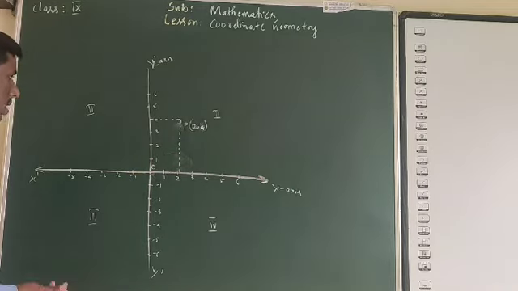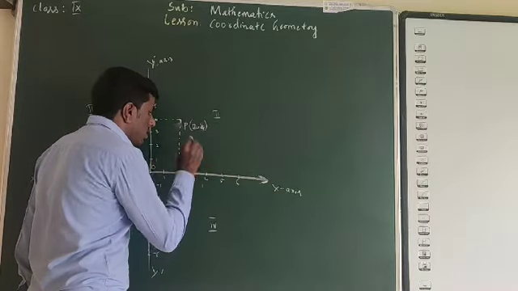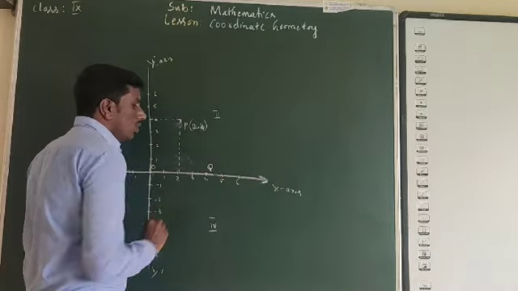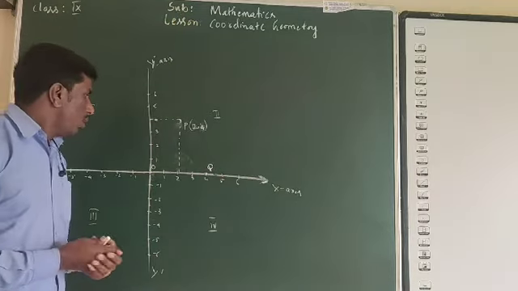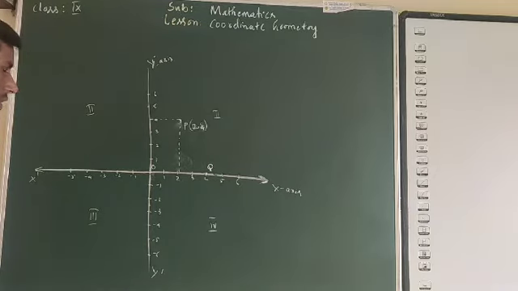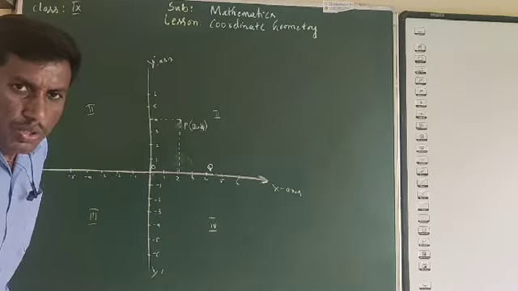Now assume that the point is on the x-axis only. Suppose this is the point, let me denote it by Q. What are the abscissa and ordinate of point Q? It's very easy.